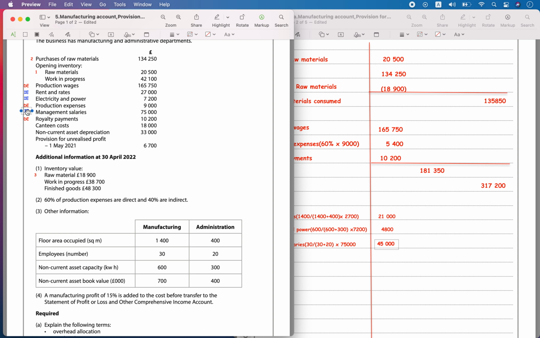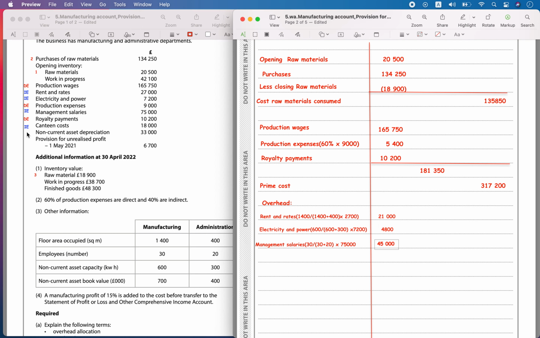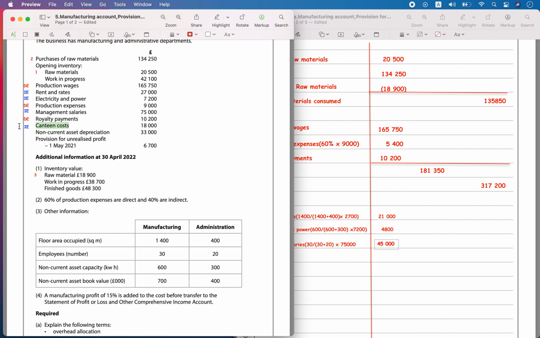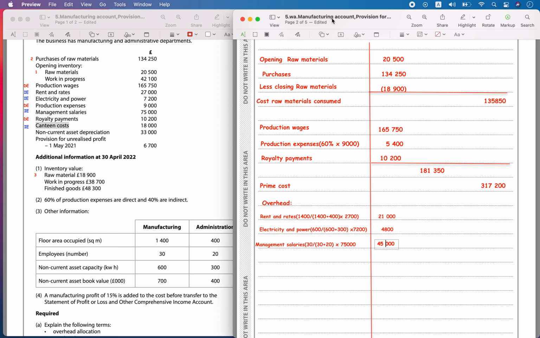Then we have the canteen costs. Now the canteen cost is also apportioned based on the number of employees. So canteen costs, 30 by 30 plus 20.